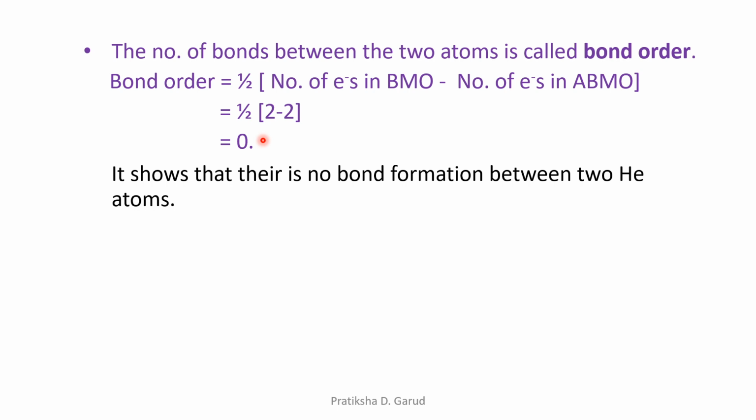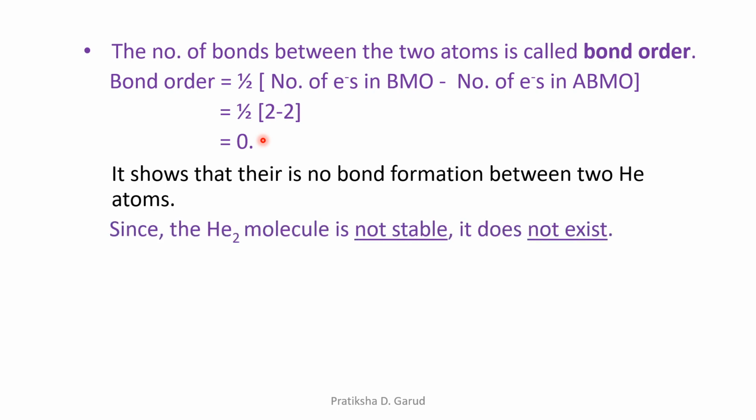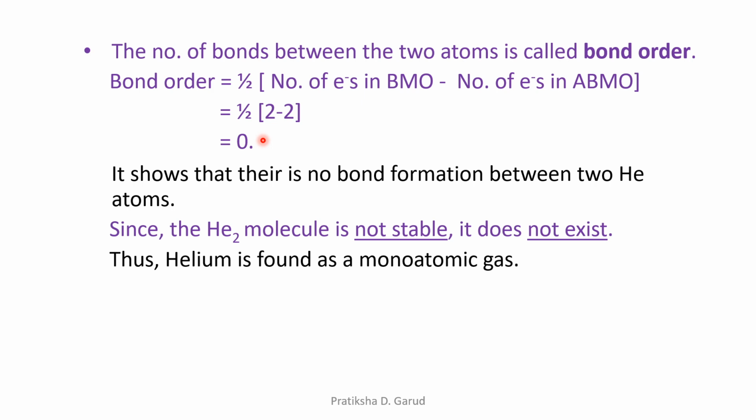So we can say that there is no bond formation between the two helium atoms since the He2 molecule is not stable. Hence this molecule does not exist. Instead we can say that helium is found as a monoatomic gas. So this is regarding the MO energy level diagram for the helium molecule.